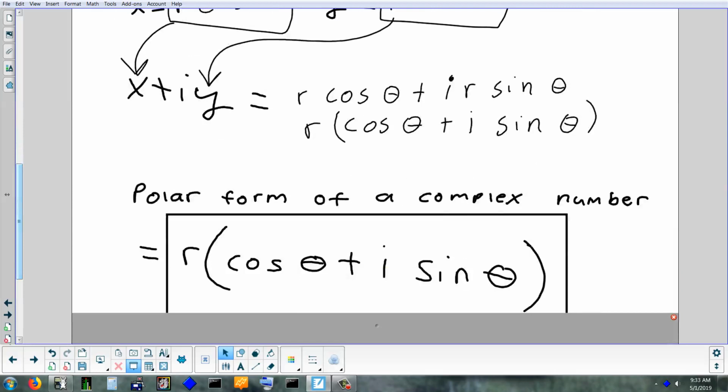So that's the connection between what we were studying in polar and what we were doing in complex numbers. But I don't really think the connection is that important. I think what's more important is why. Why would you ever write a complex number in polar? We already have a way to write complex numbers. Well, remember all the stuff we did when we multiplied and divided?